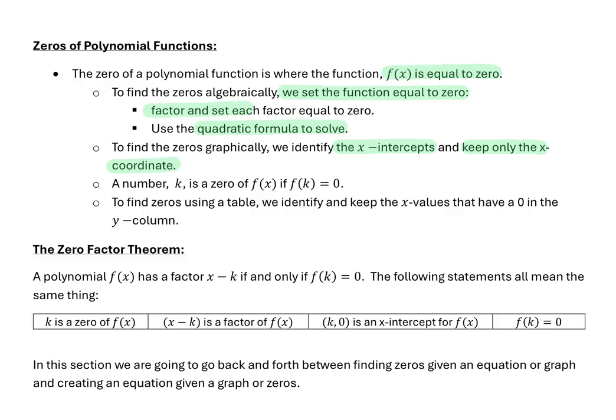Now, furthermore, we can talk about zeros in function notation. If we have a number k, and it is a zero of f of x, then what this means is that when we plug k into our function, we should get that the function is equal to 0.